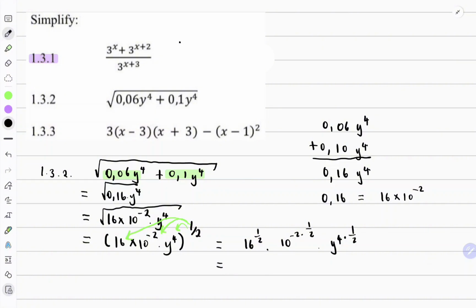So square root of 16 is 4, and then negative 2 times a half gives you negative 1, times y squared, because 2 goes into 4 twice. So this can be written as 4 over 10 times y squared. This can be reduced to 2 over 5 times y squared.